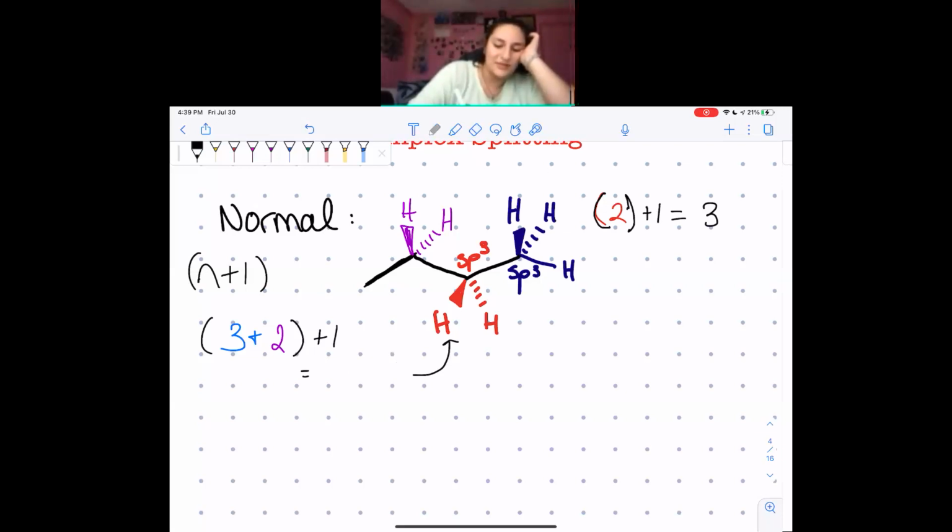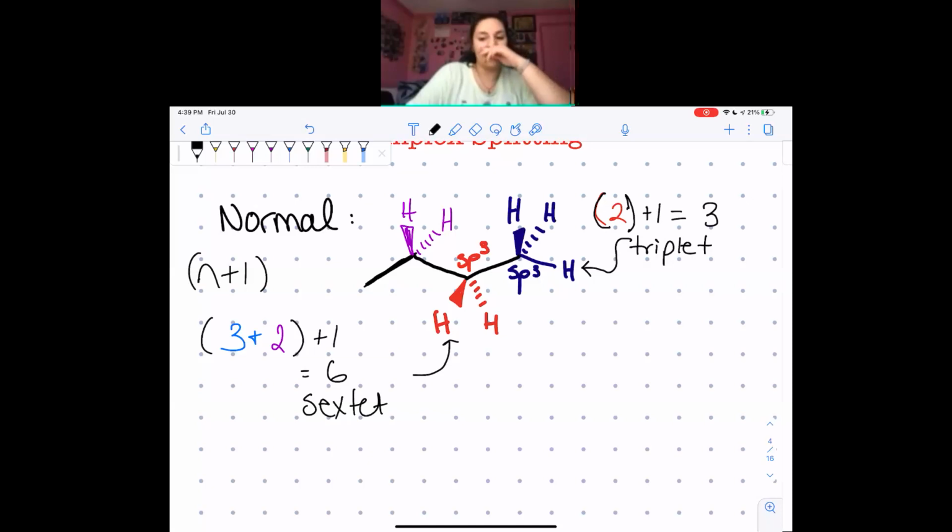So this one is a triplet. This one is 3 plus 2 plus 1, which is 6. And this is a sextet, whereas this guy is a triplet. I'm very surprised nobody pointed that out. I'm just really not here today. I apologize.